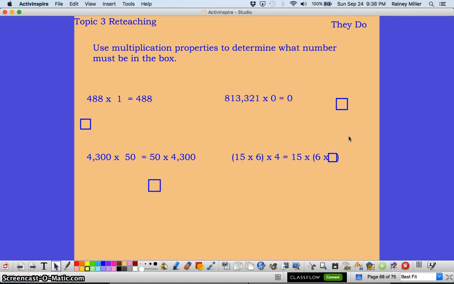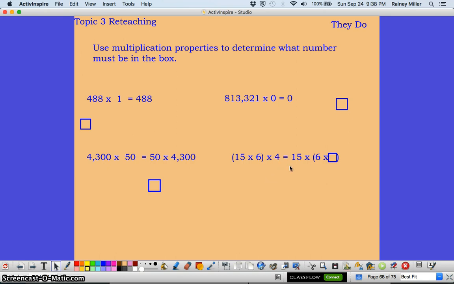Over here we're dealing with the associative property. One of the ways I like to think about the associative property is the two numbers in the parentheses are associating with each other. So we have 15, 6, and 4 here. If I take 15 times 6 first and multiply it by 4, I'm going to get a certain answer.